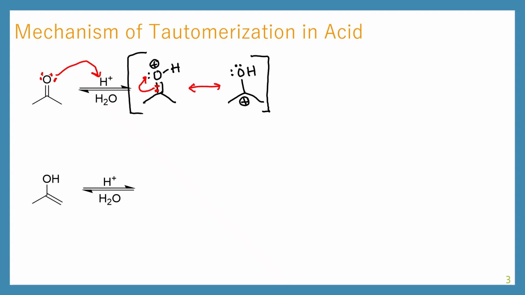So this is where our water molecule comes in. We are going to deprotonate at the alpha carbon. And we're going to use water to do it. So water is going to pull off this proton, this bond is going to break and form our double bond.